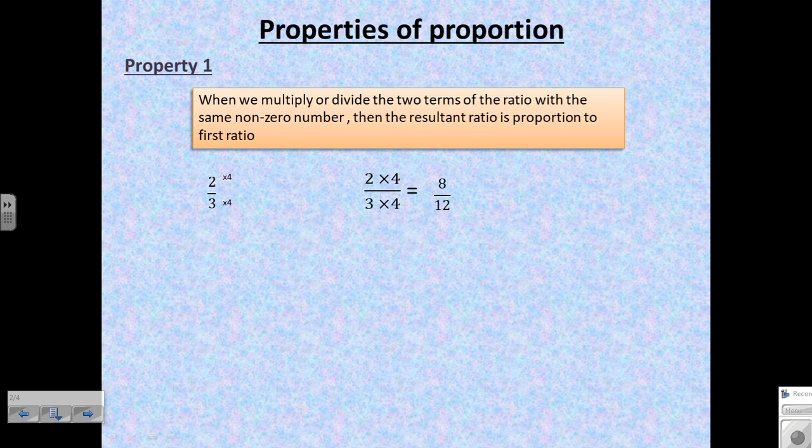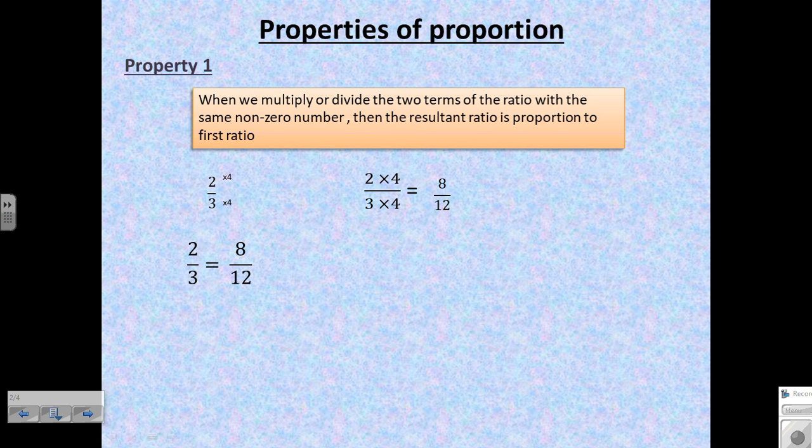So after we multiply both terms by the same number, the resultant, 8 over 12, is proportional to 2 over 3, which means that 8 over 12 is equal to 2 over 3.